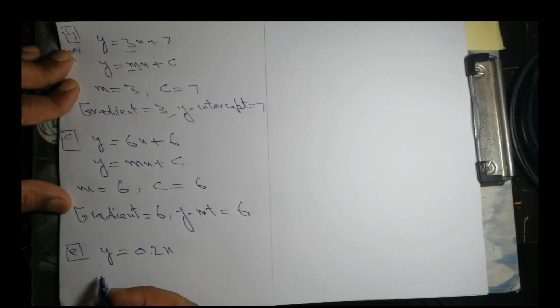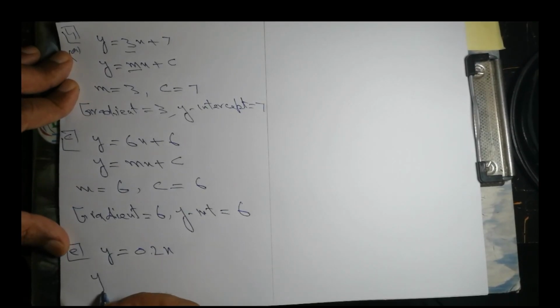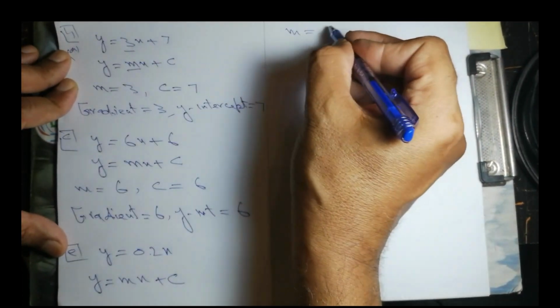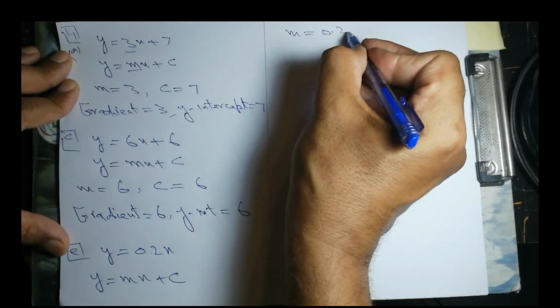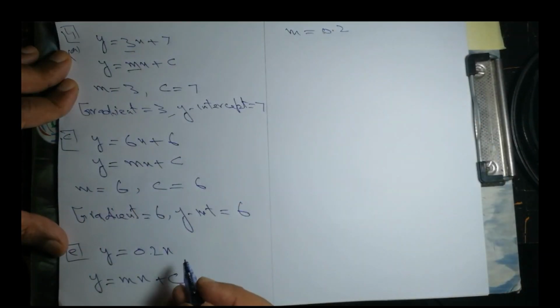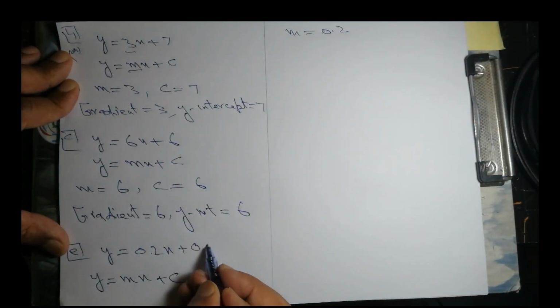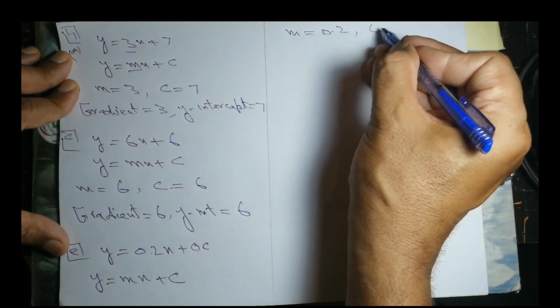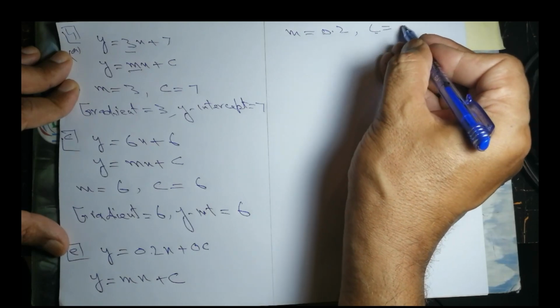So part E is y equal to 0.2x. Comparing with y equal to mx plus c, the standard equation, here m equal to 0.2, which is the coefficient of x, and the y-intercept is not given, so c equal to 0, the constant term.